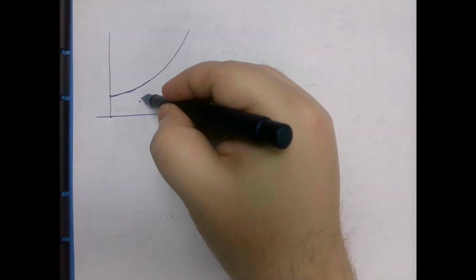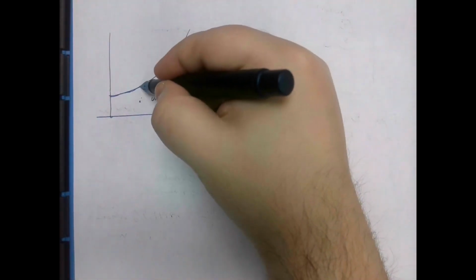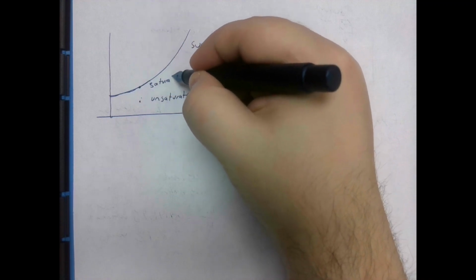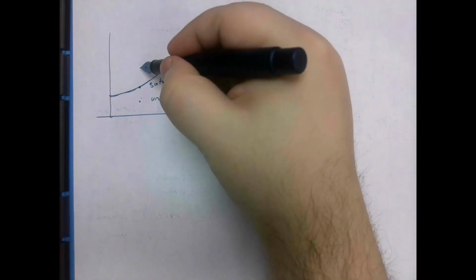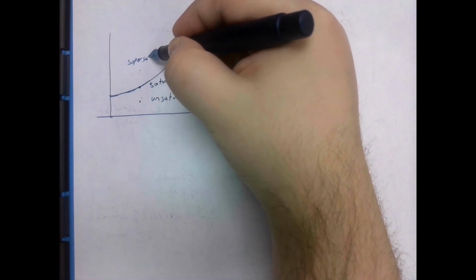I can still dissolve more sugar. If I am on the line, that means I am saturated. And if I'm above the line, that means I'm supersaturated.